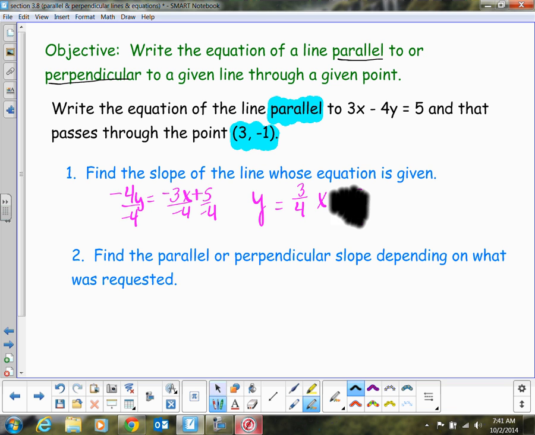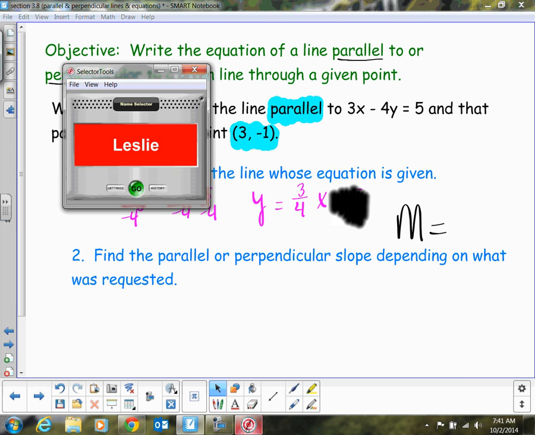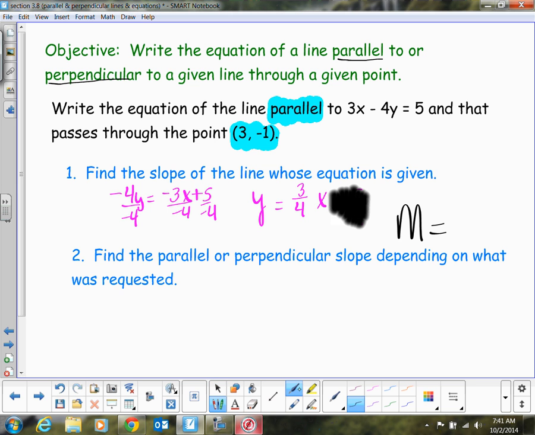What we need from this equation, we need to know this slope. What is the slope of this line? And that's going to go to Brittany. It is 3/4. Now, you read the problem. You will either find the parallel or the perpendicular slope, depending on what was requested.